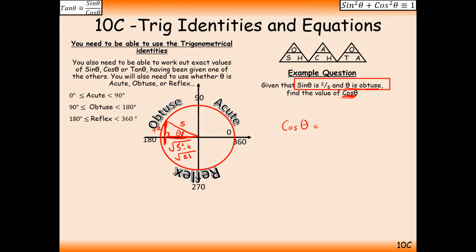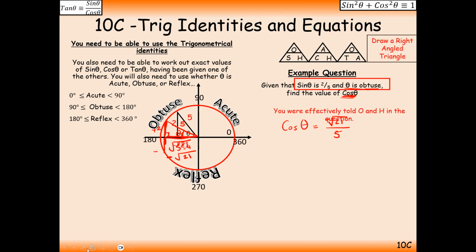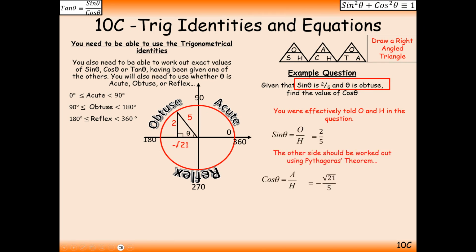And don't forget, x values are negative here, right? So this has to be negative root 21, negative on the outside of the square root, over 5. This is cos theta. That's the whole point: taking care of the signs makes the whole thing work. So minus root 21 over 5.